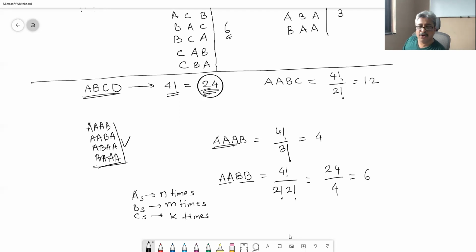So if all of them were distinct, then the answer would have been n plus m plus k factorial, out of which n look alike, n factorial, m look alike, m factorial, k look alike, k factorial. This is going to be the formula. Now let me ask you whether you have understood this.